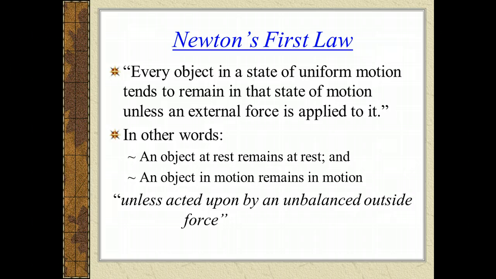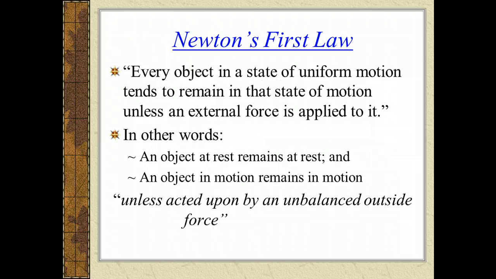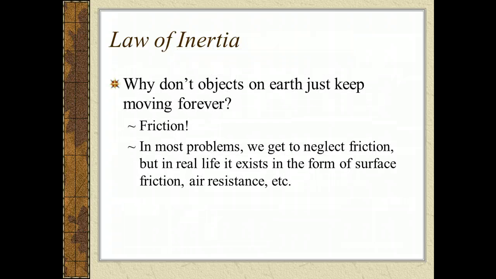And that unbalanced outside force will always be friction. For that reason, it's almost impossible for us to actually experience this uniform motion that doesn't change, because it's not acted upon by that force. But we can certainly think about it, we can talk about it, and we can understand what it means. In most of the problems, we get to neglect friction, but sometimes we won't. Sometimes we'll consider it.